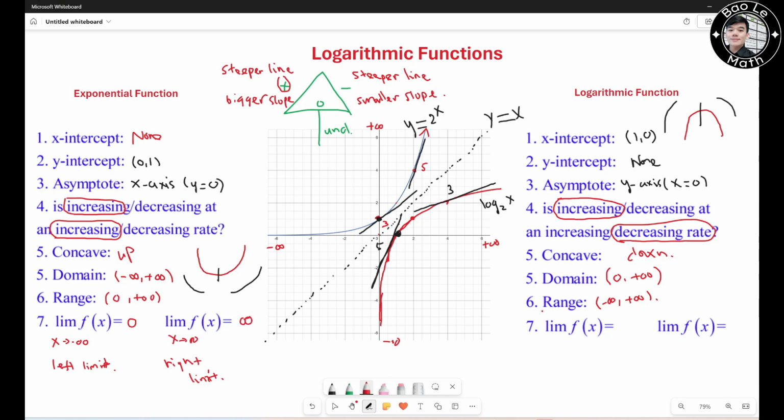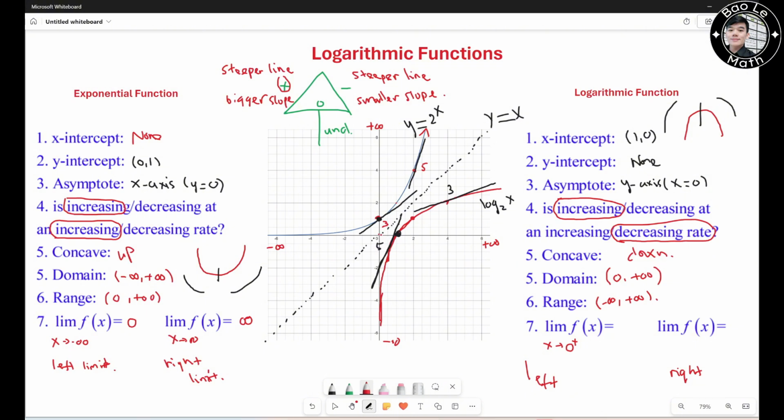Now take a look at the logarithmic function. We need to find the left limit and the right limit. For the left limit, the limit of the function f of x when x approaches 0 plus. Keep that in mind: 0 plus means 0 from the right.